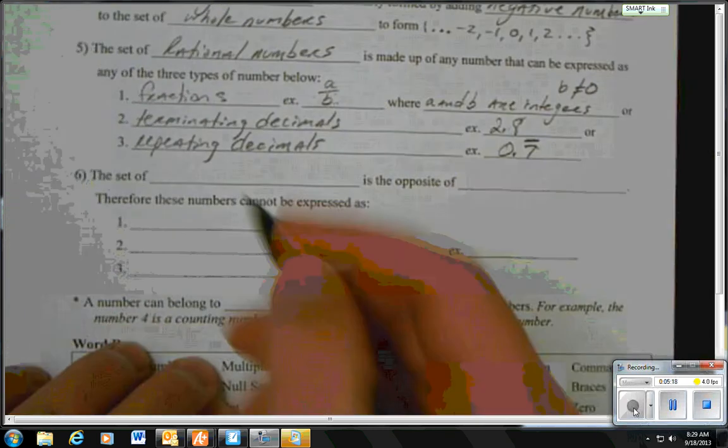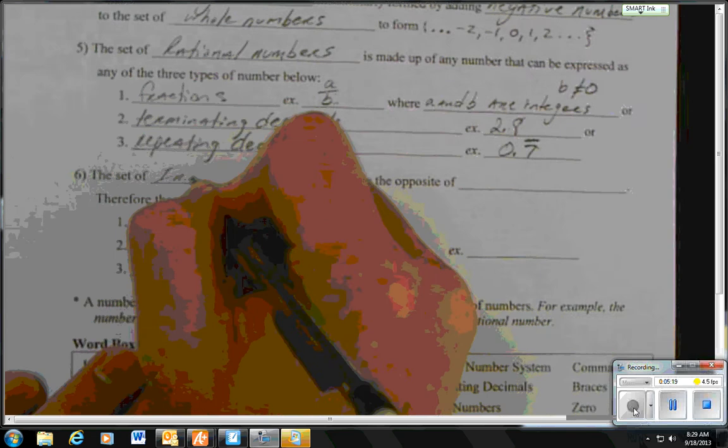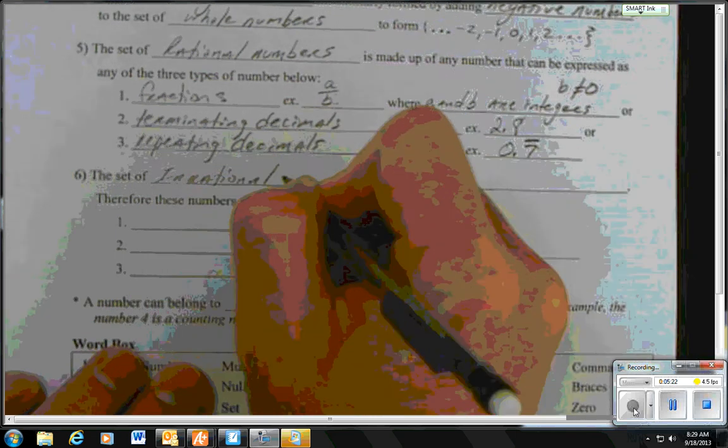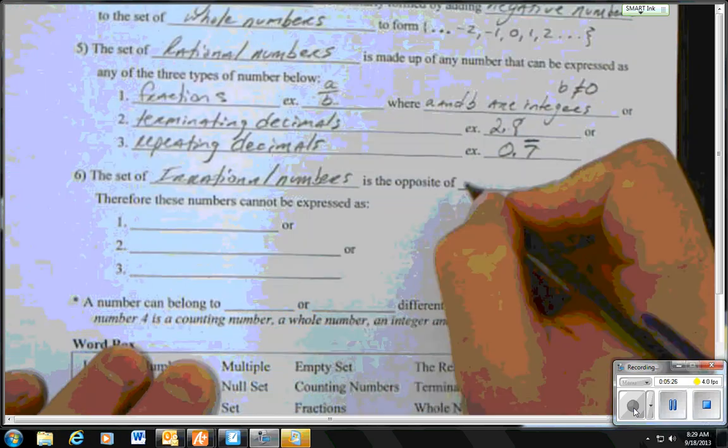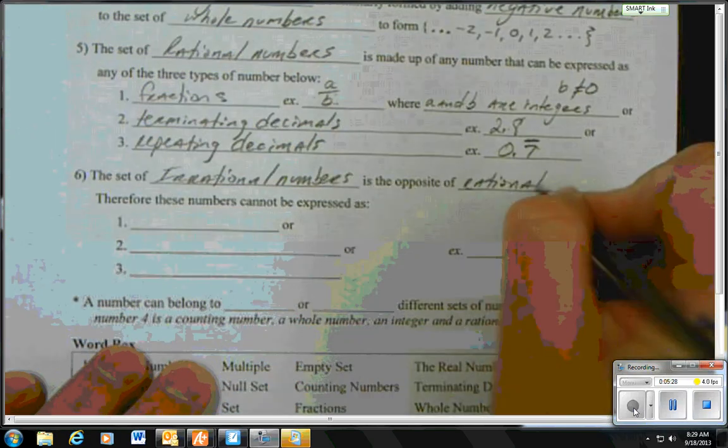And the last set of numbers are called irrational numbers. It is the opposite of rational numbers.